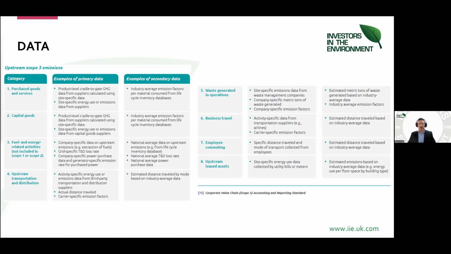So we will probably all start with secondary data in one form or another as we start to understand our initial aspect of scope 3. And then over time, as we work within this process and work with suppliers, we'll shift towards primary data. That's a lot of what the large organizations who have been doing this for some time have really been doing: shifting that data point from secondary to primary data to give them much more useful information.